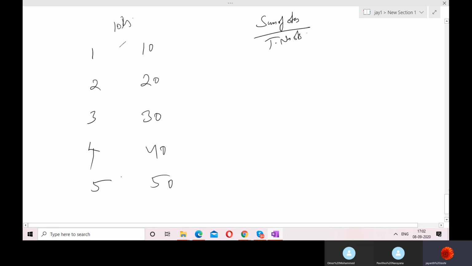So 5 plus 4 is 9, 9 plus 3 is 12, 12 plus 2 is 14, 14 plus 1 is 15. So 150 by 15 is 10. This is the average revenue.